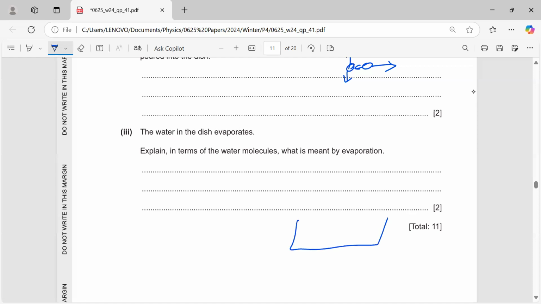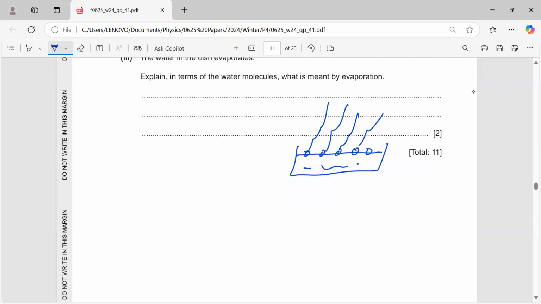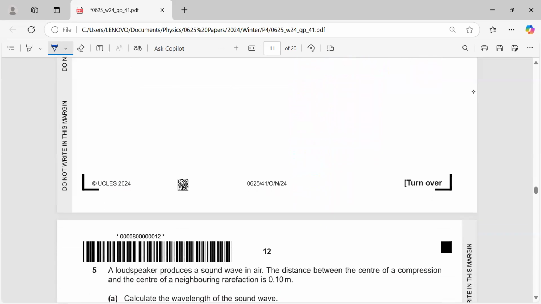Let's suppose this is the dish and here we have the water in it. The most energetic ones will escape from the surface, leaving behind the less energetic molecules. So in this way you can explain evaporation.